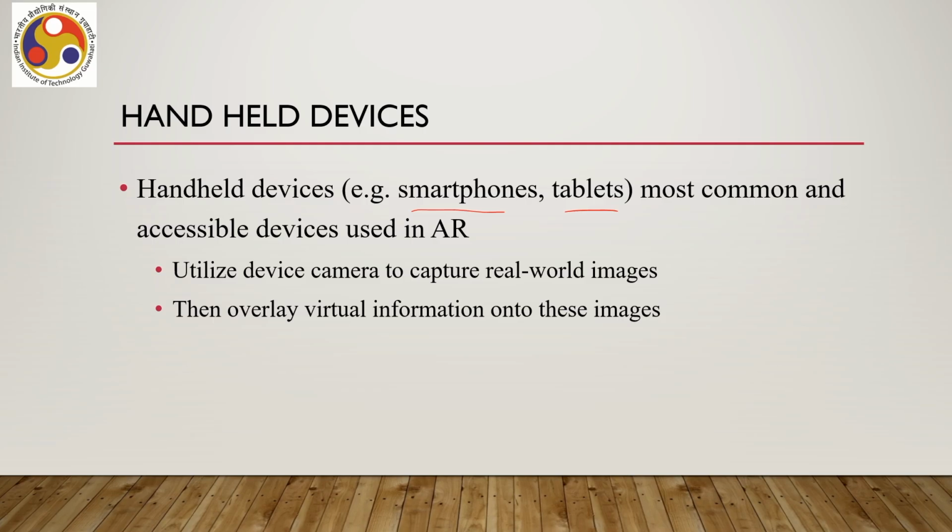They are the most common and accessible devices that are used in AR. As we all know, these devices come with their own camera. That device camera can be used to capture real world images, which are displayed on the screen of the device, and then on top of the screen digital content is augmented. So, overlaying of virtual information happens onto the live streaming of the real world environment.